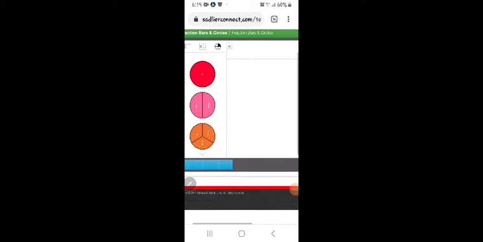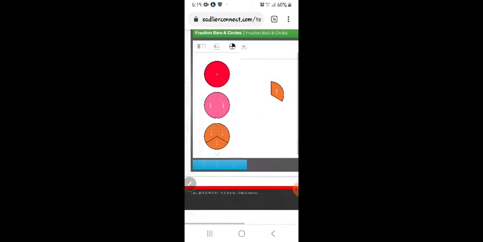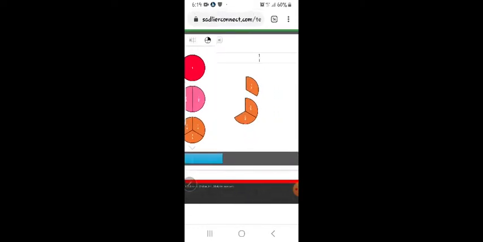This one is working. If I have 1/3 and 2/3, okay, together of course they are one whole, but let's see who will have more, or which one is greater.